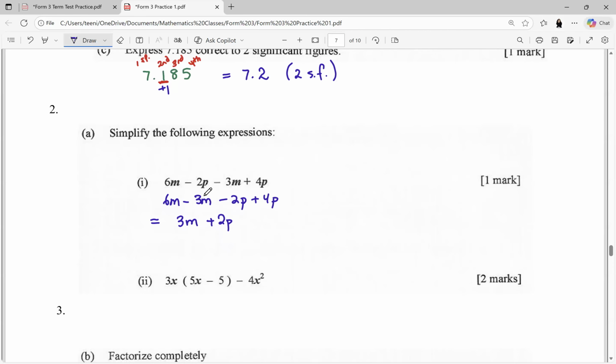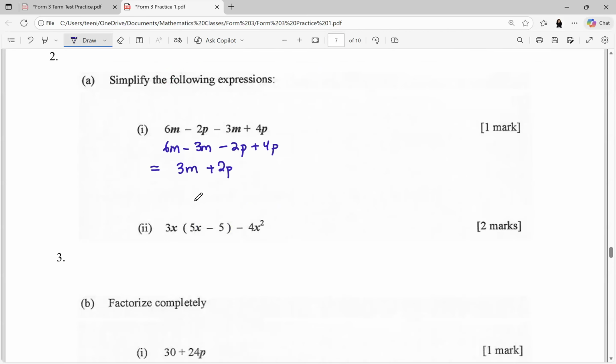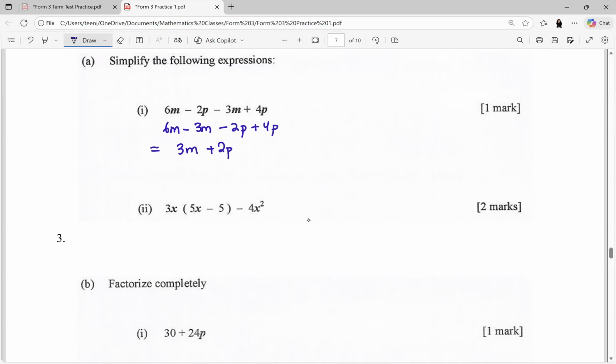All right. And then the following, this one. For this, you see the brackets. Brackets mean multiply. So you'll have to distribute 3x throughout the inside of the brackets, right? So you'll use the distributive law. You'll say 3x times 5x, which gives me 15x squared. 3 times 5 is 15, and x by x is x squared.